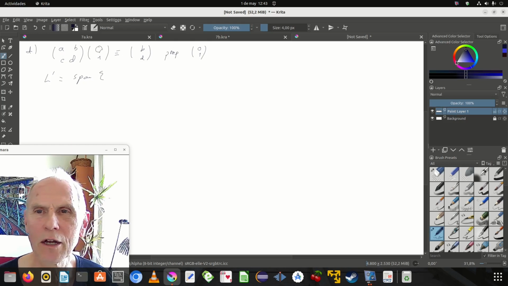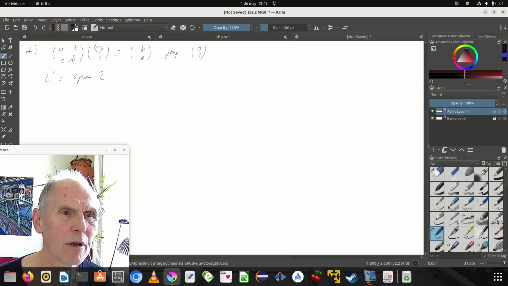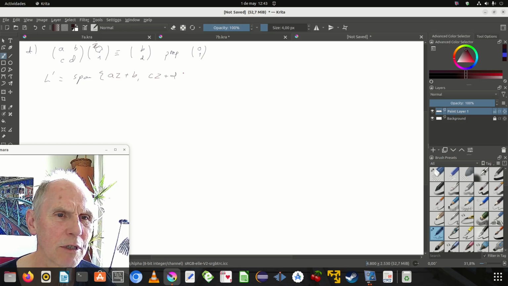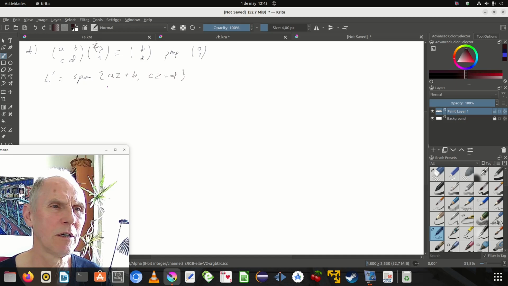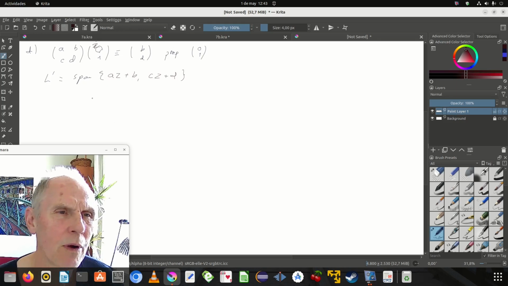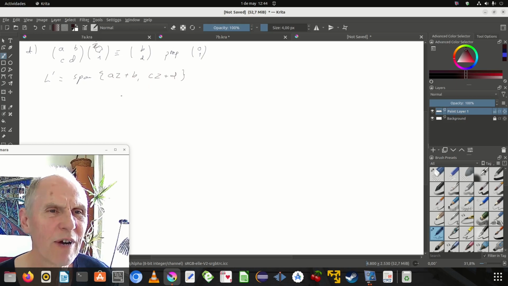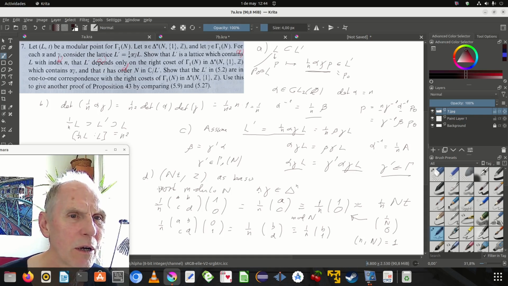So we call this I, the imaginary unit. And then we get something else here, I call it Z. So it's AZ plus B point CZ plus D. Shouldn't we divide by n, by the way? Yes, we must divide by n.